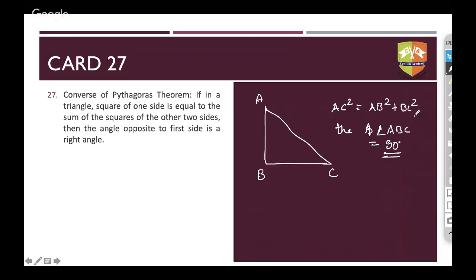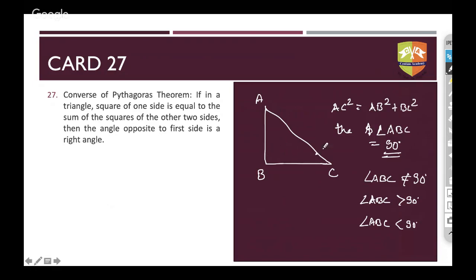So how do you prove that? There are 2 possibilities. Let's say we start with contradiction again. I'm not going into the details again. So let's say angle ABC is not equal to 90 degrees, then either angle ABC is greater than 90 degrees or angle ABC is less than 90 degrees. Let's say ABC is greater than 90 degrees.